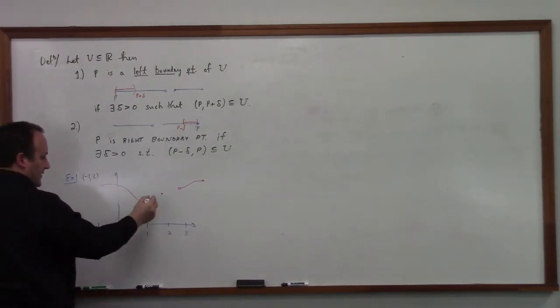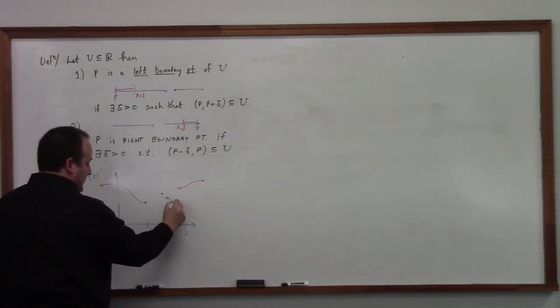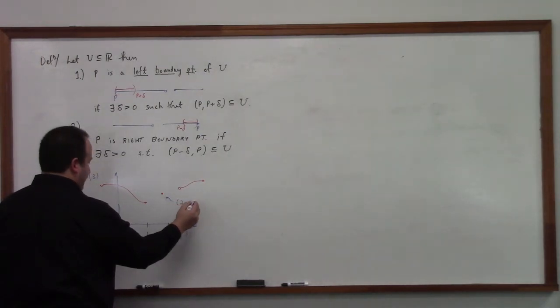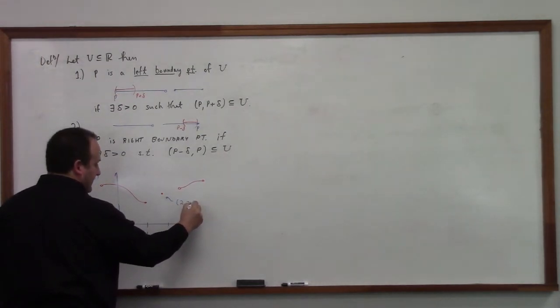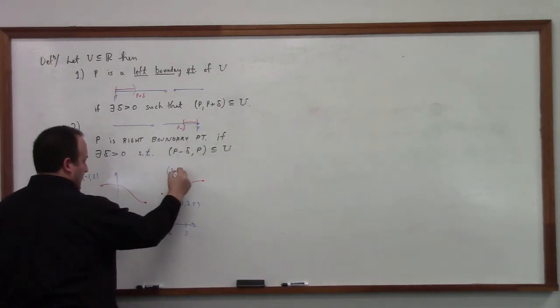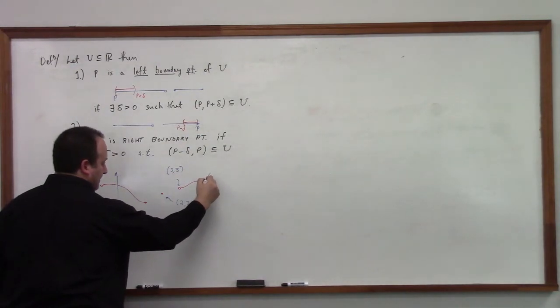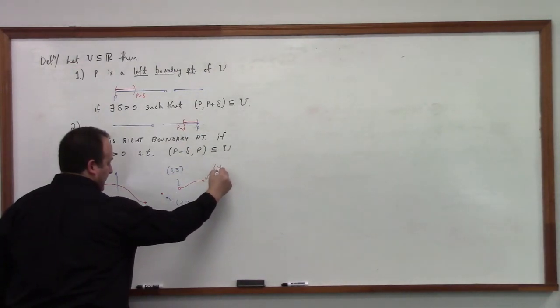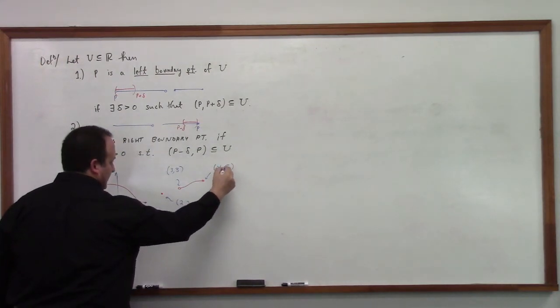This point right here, let's say, is at (2, 2.5). And this point right here is at (3, 3). This guy right over here, let's suppose that's (4, 5). I don't know. Not to scale, obviously.